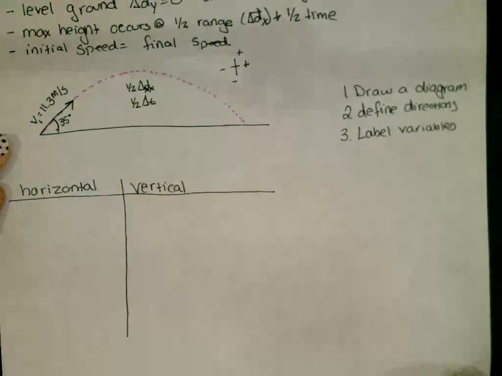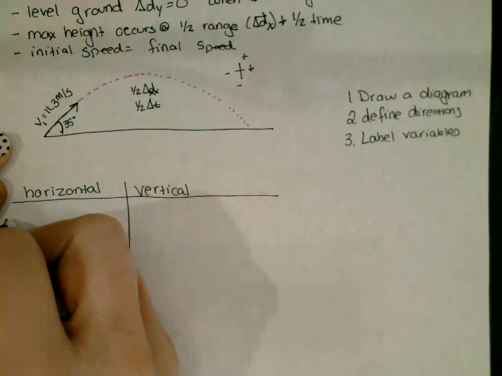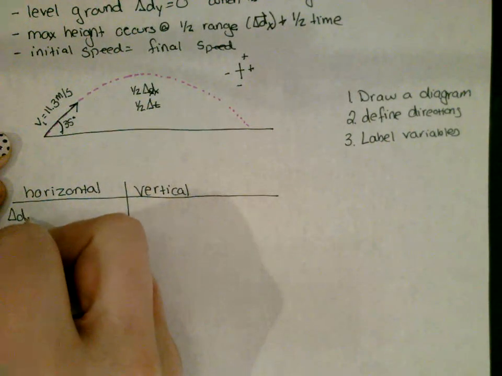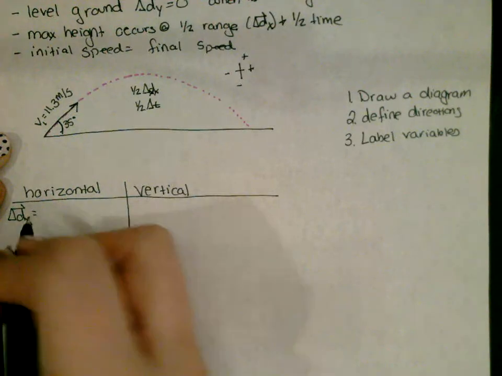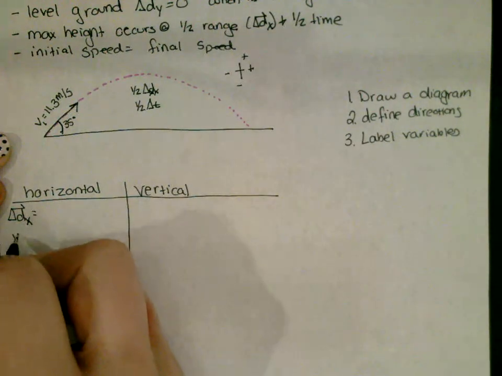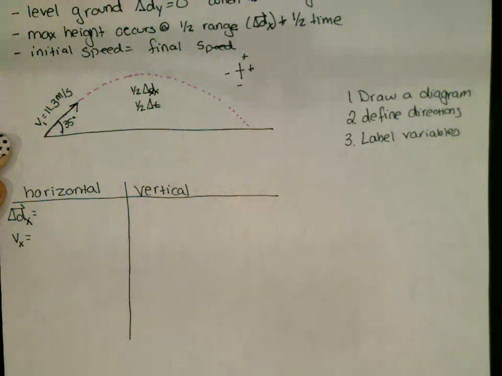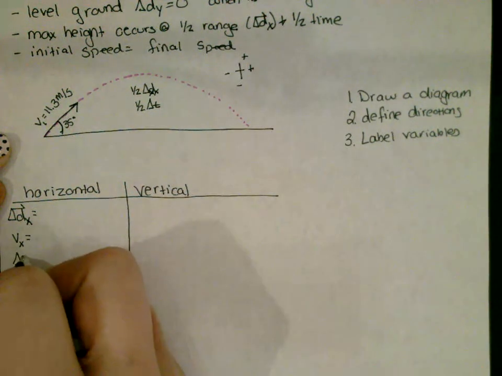So my horizontal variables are my range, my velocity horizontally, and change in time.